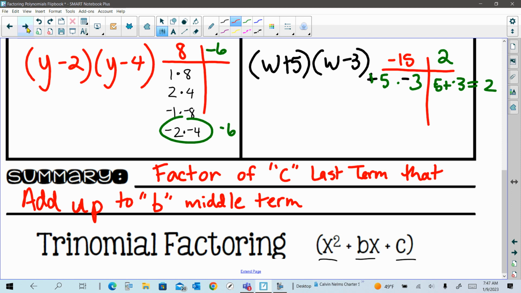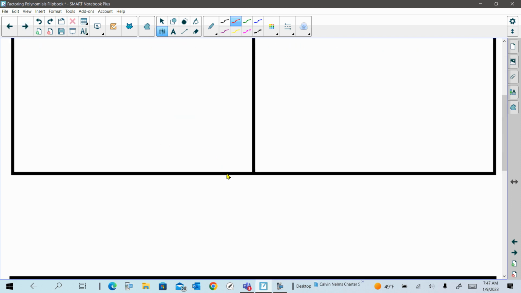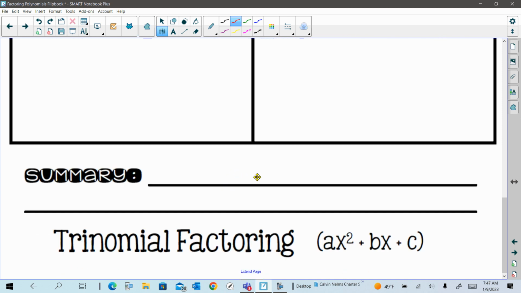The difference on 9 through 12 is now we're gonna have a coefficient. We're not gonna have an a. So now you have a number in front of the x squared, okay?